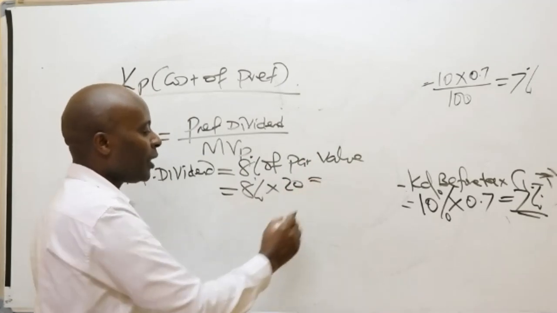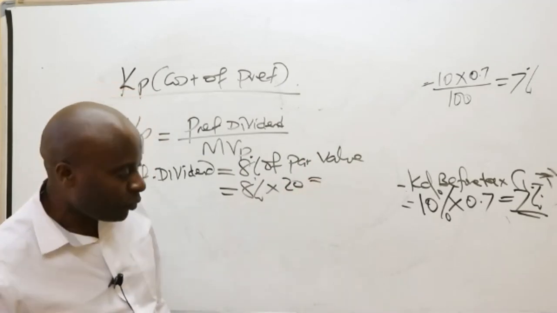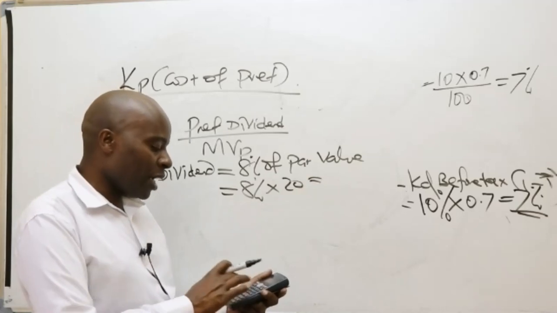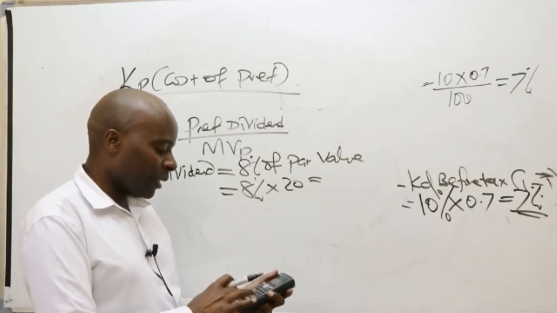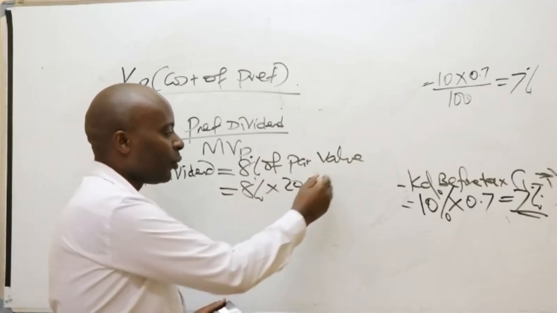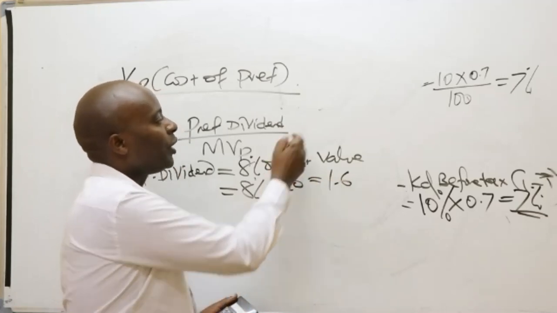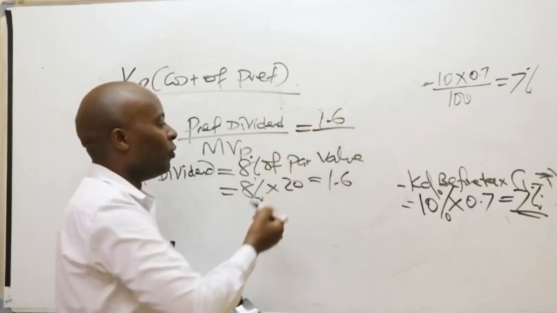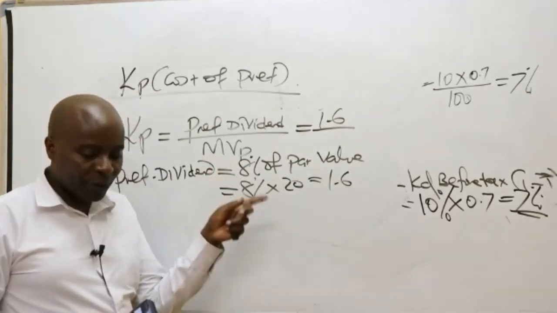So 8% of 20, 0.08 times 20, which gives us 1.6. So this will be 1.6 all over the market value of a preference share.